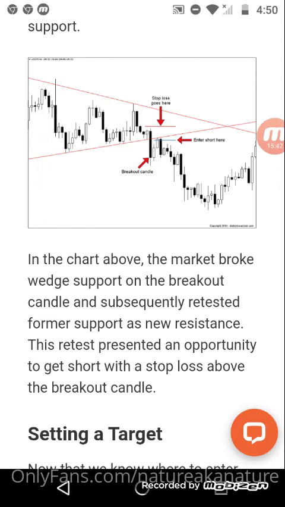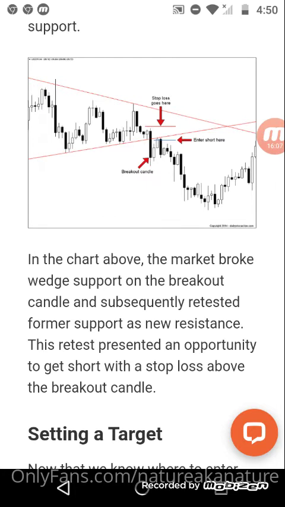That new support level is now the resistance, because it's a downtrend, and the last top before breaking out is now becoming resistance. The top is the resistance, the bottom is the floor. So it retests that, and that presents the opportunity.